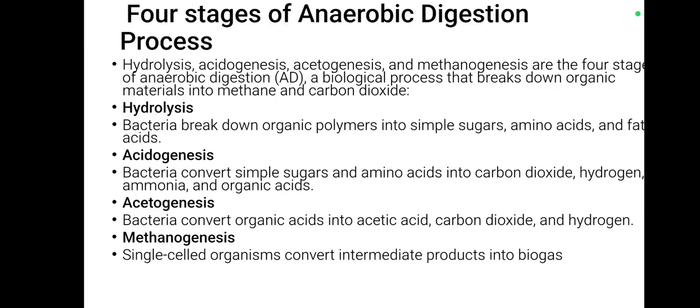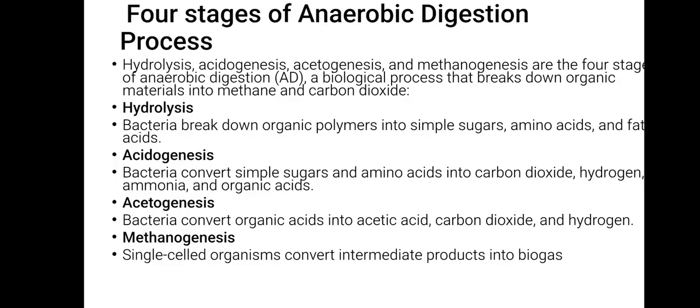What is hydrolysis? Hydrolysis is the process in which bacteria break down organic polymers into simple sugars, amino acids and fatty acids. The second stage of anaerobic digestion is acidogenesis. Bacteria convert simple sugars and amino acids into carbon dioxide, hydrogen, ammonia and organic acids. The next process is acetogenesis.